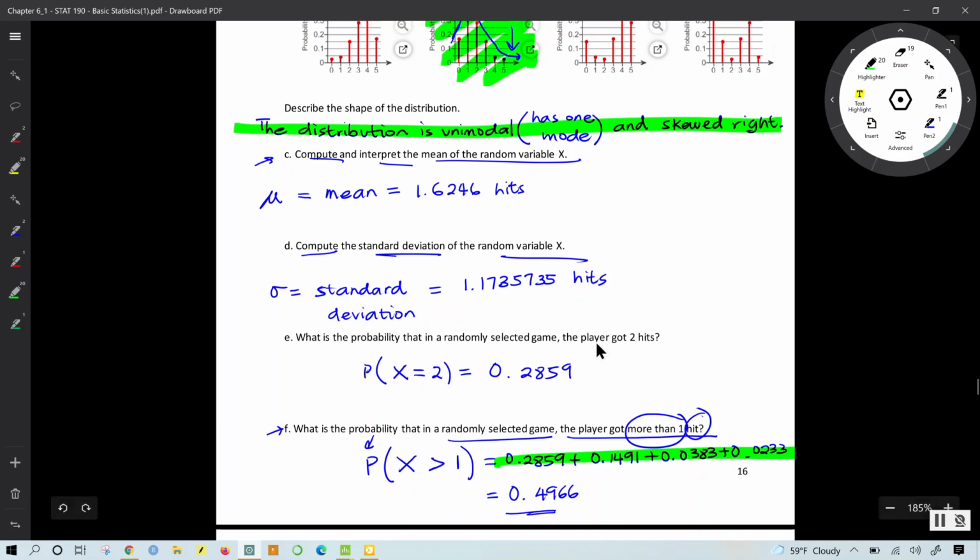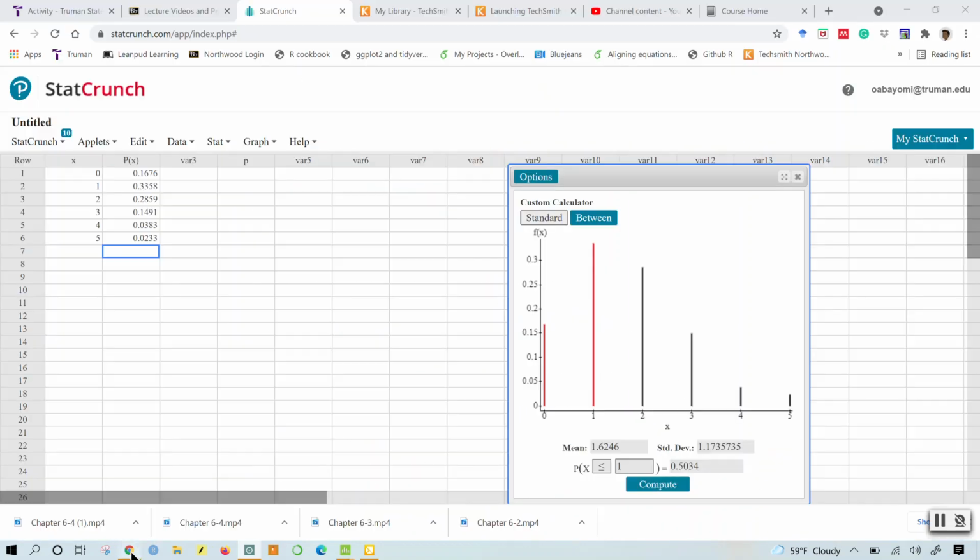If you choose to use the calculator, we can go back to StatCrunch, and right here, you observe that there are some options. This is the direction of the probability. If I click on this, I have some options, and I want greater than 1. And you will see that automatically it sums it up for you. So that's done. You have a calculator that can even help you through.